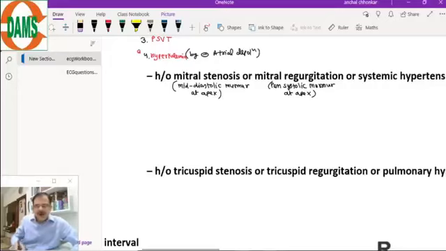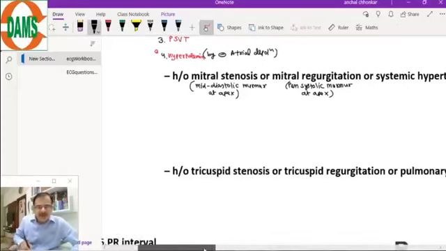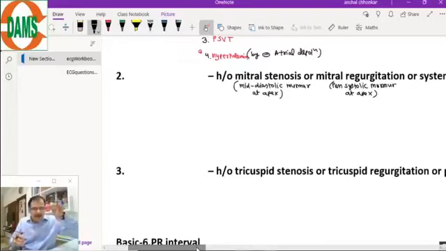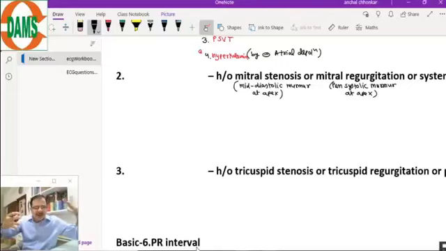Now, what will be our conclusion or differential diagnosis in our mind? Because of mitral stenosis, left atrium enlarges. Because of mitral regurgitation, left atrium enlarges. Because of systemic hypertension, first left ventricular hypertrophy will be there and then left atrial enlargement.